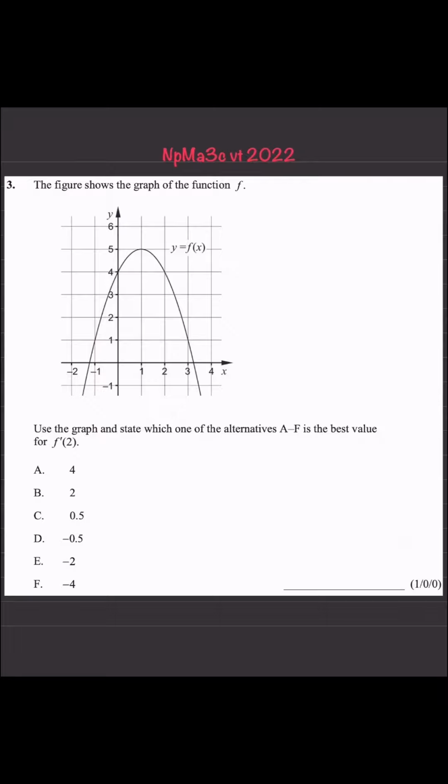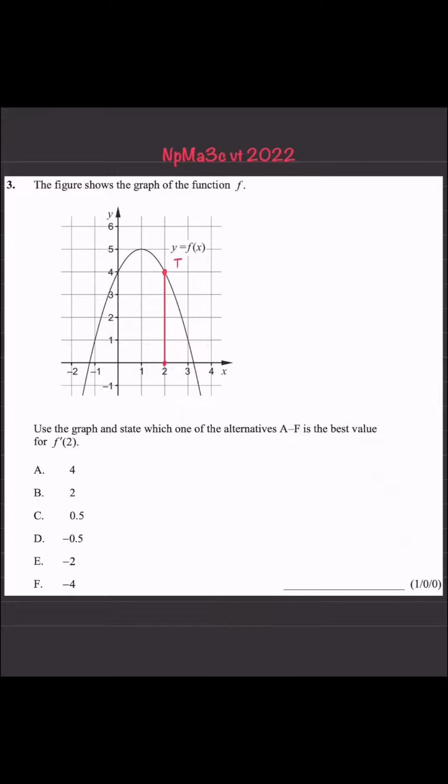This is the point 2, so I will come up to find the intersection point with the graph, and I see this is the point, and that is the point of tangency, T. Now I have to know the tangent line to this curve at the point T and calculate its slope.